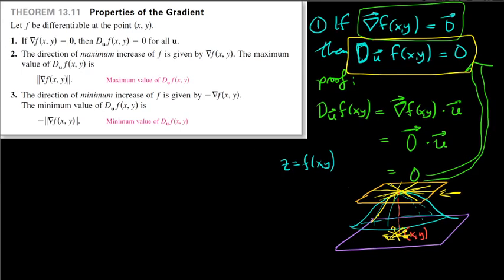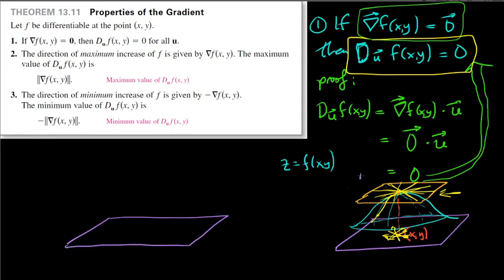Okay. Number 2. So there's a second part to this that says the direction of the maximum increase in the function. So if you want to basically go up in the steepest direction, you go in the direction of the gradient. Okay, so let me draw a different graph here. Let's suppose this is my xy plane.